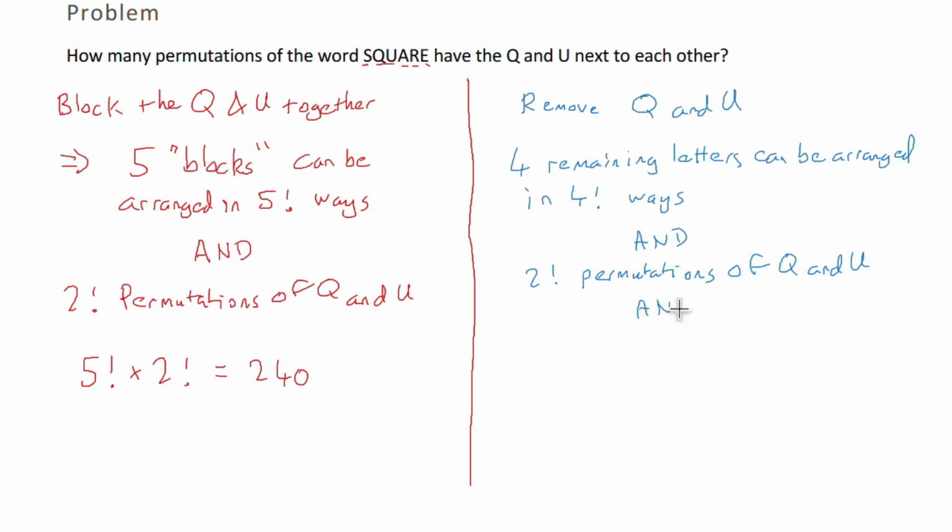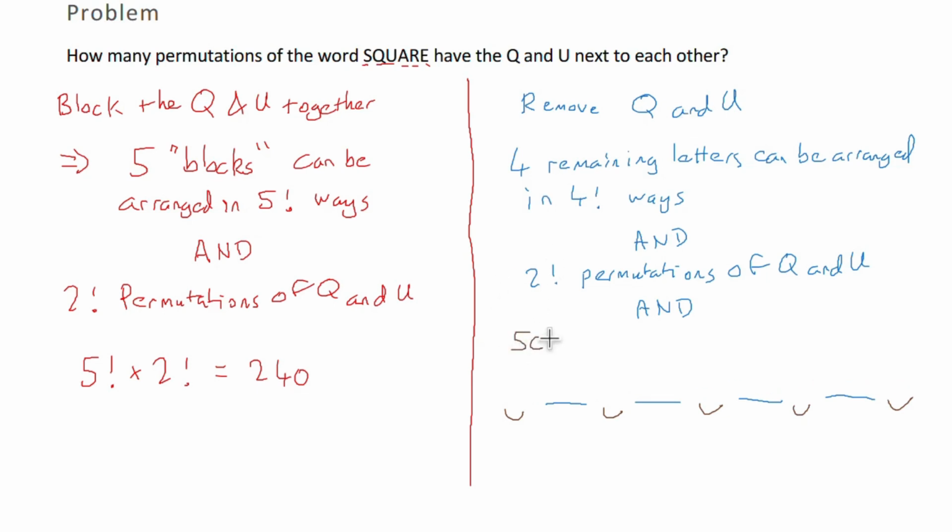And there's one more criteria here. So I'm going to think about, again, my blocks. At the moment, I've got 4 letters. But now I'm going to think, where can that QU go? Well, rather than thinking about the spaces that have letters, I'm going to think about the spaces that don't have letters. There are 5 possible spaces that I could put the QU in. But I need to choose one of them.